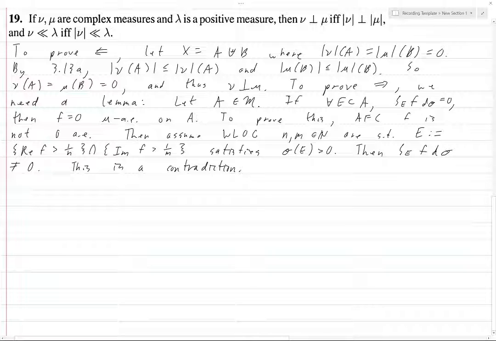And the other thing is, I'm kind of assuming here that E is a subset of A, because I said f equals 0 mu almost everywhere on A. So what I'm saying is assume for contradiction that f is not 0 almost everywhere on A. And so that range, that picture that I drew, we are kind of assuming the whole time that the region that we're looking at is only the region that lies in A, because that's really the only one that we care about.